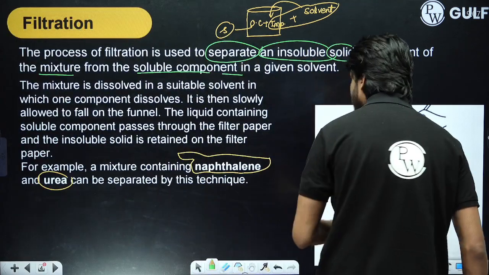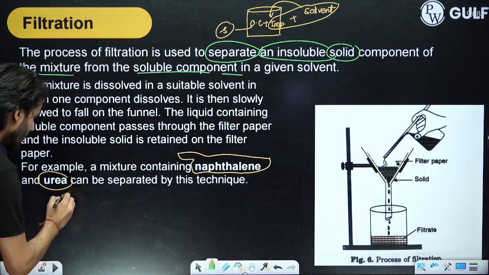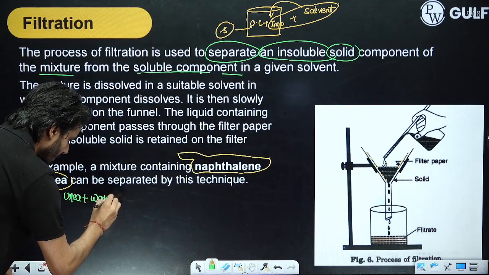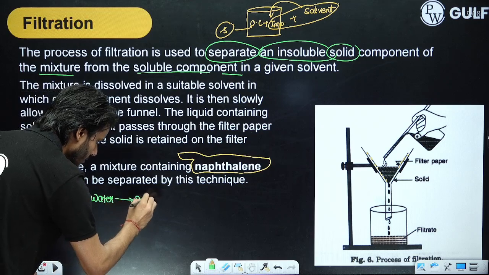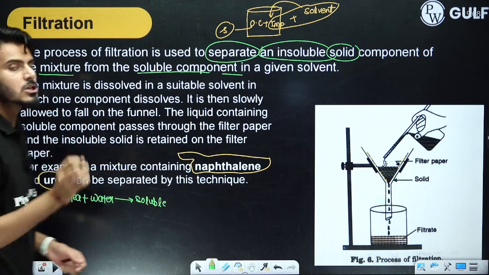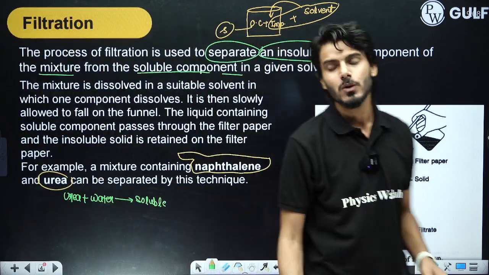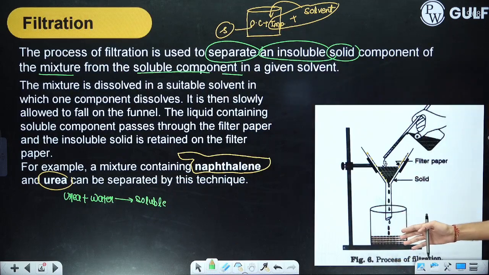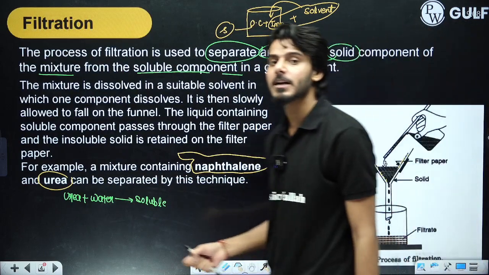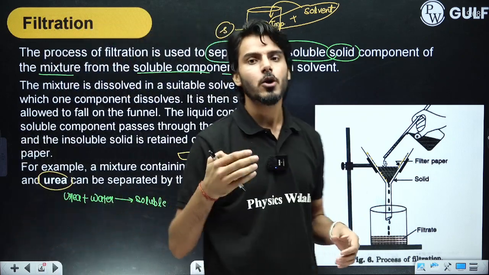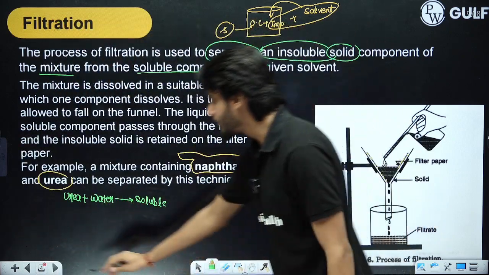Because we know very well that urea is soluble in water, but naphthalene is not. So we'll have the filtrate of urea plus water in the final beaker, and we'll have the naphthalene particles on the filter paper, guys. So this was the first method for the purification of organic compounds. Let's move to the next one, guys.